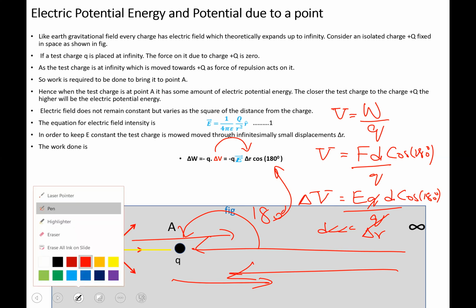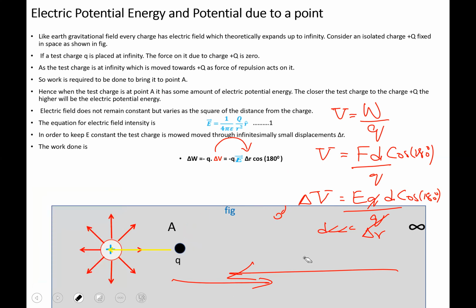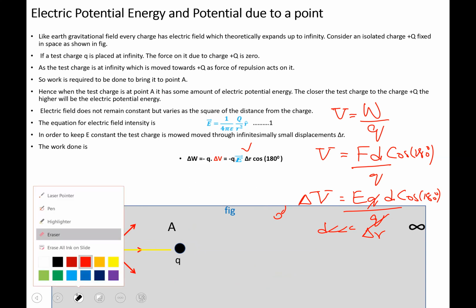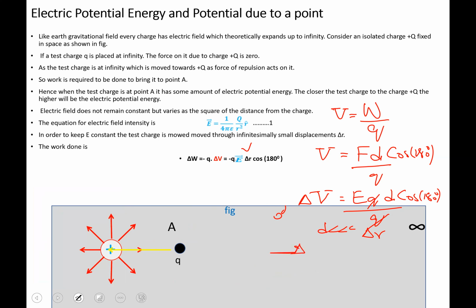So we can say now that delta V is equal to E into delta R cos 180. So it is a negative sign. So we can say E is equal to delta V over delta R, and there's a negative sign because of this cos theta.